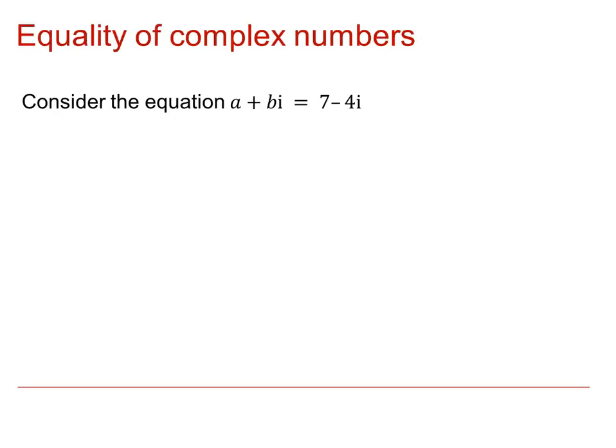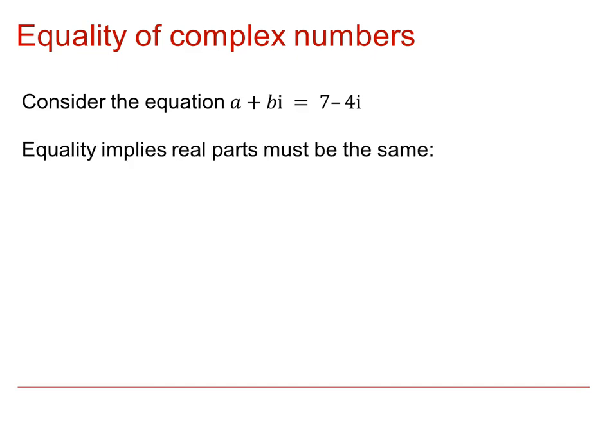If we have an equation which considers complex numbers on the left hand side and the right hand side, then for there to be an equality, the real part on the left hand side must be equal to the real part on the right hand side. In this particular case, we can say we're going to look at the real parts and say that a must be equal to 7.